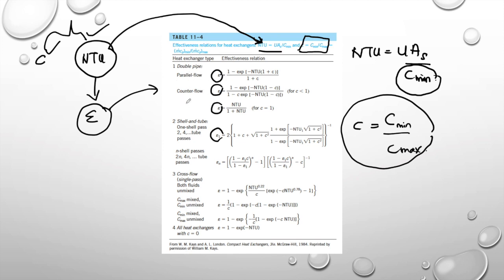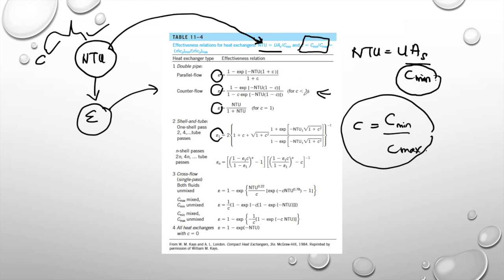So under the counterflow, we have two different equations, where each of these equations represents a different effectiveness for a different C. So for example, the first effectiveness here, we know that this equation is valid for C which is less than 1.